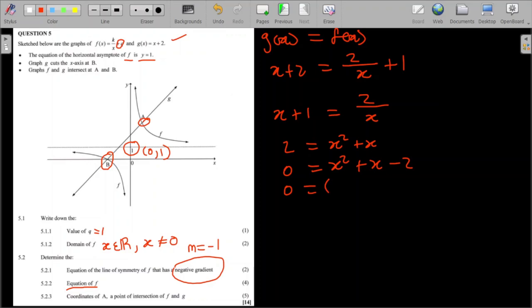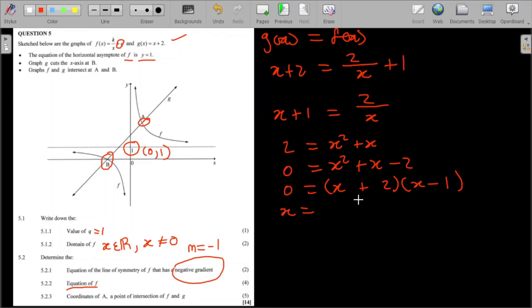So here are going to be the factors of 2, that's going to give us this one here, because x, and then it's going to be the 2 and 1. So this has to be a positive, and then this has to be a negative. Now plus 2 minus 1 gives us positive 1 here.